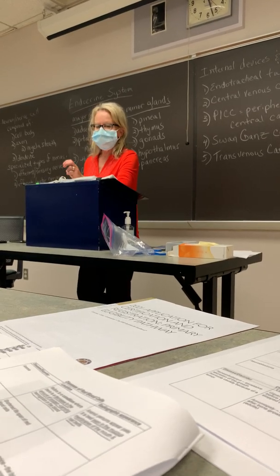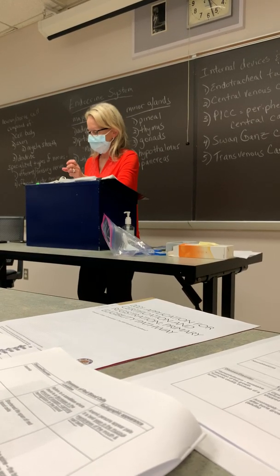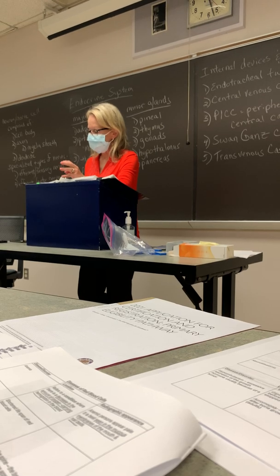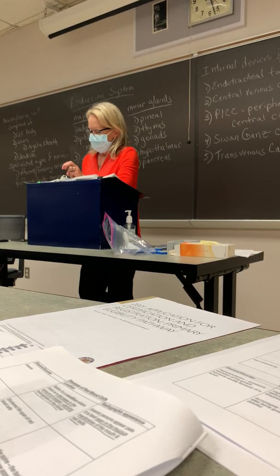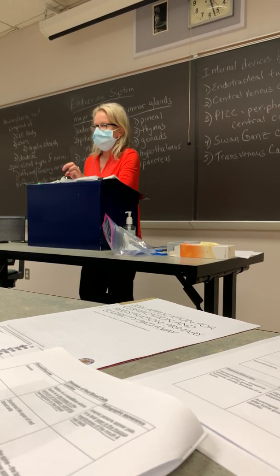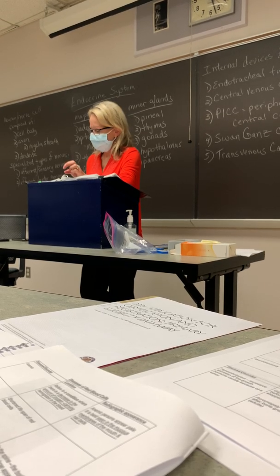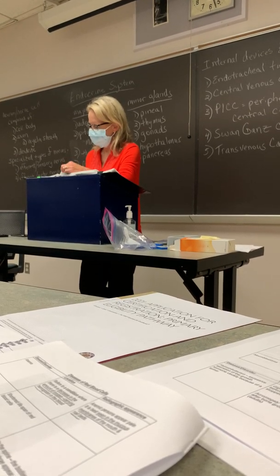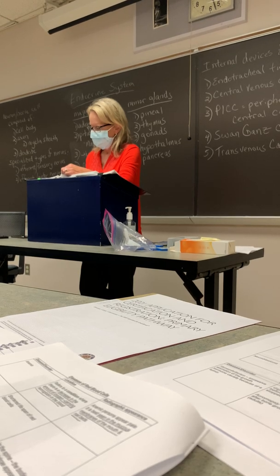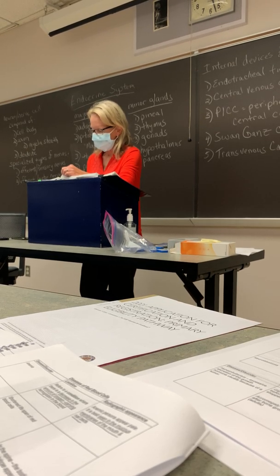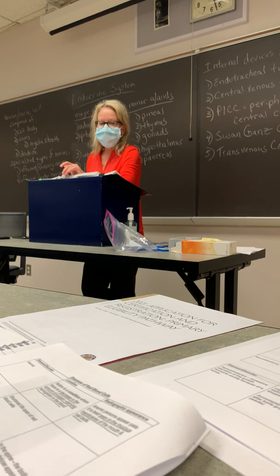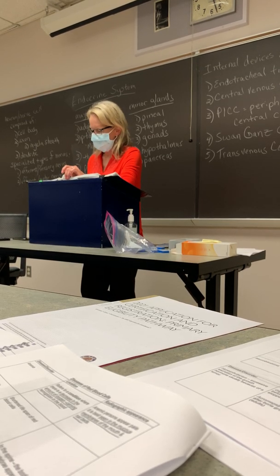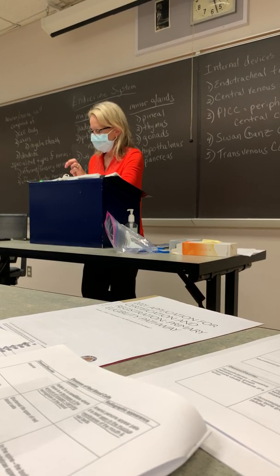Okay, now we go into diseases of the white blood cells. The first one is leukemia. This is where the white blood cells are overproduced. There's an overproduction of WBCs. And I put down two types of leukemia. The first one is myelocytic leukemia.